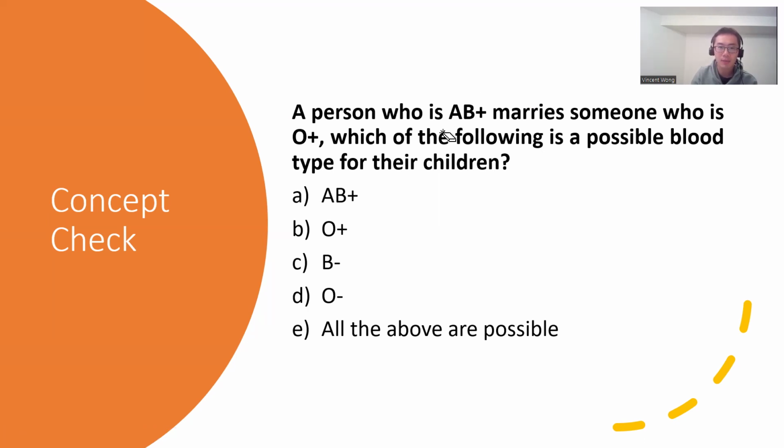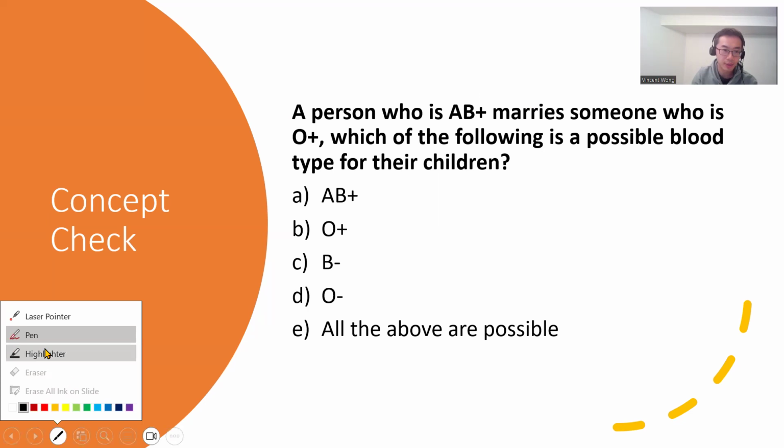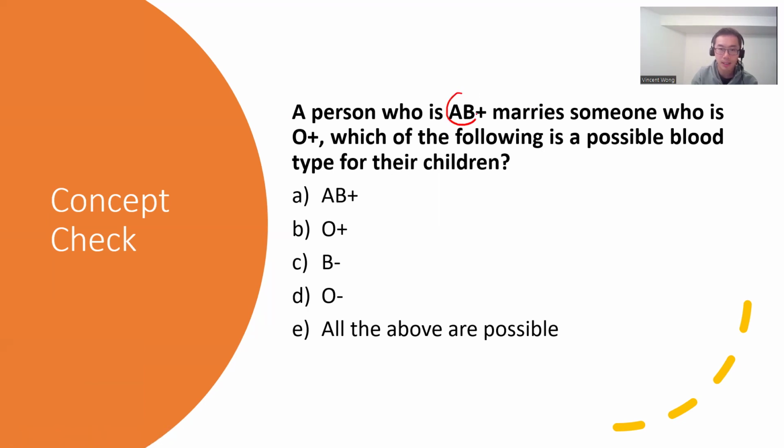One of the parents is AB. What kind of babies can they not have? Oh, so automatically I'm gonna cross out B and D, right? Which means all of the above is also not correct. What kind of babies can an O person not have?